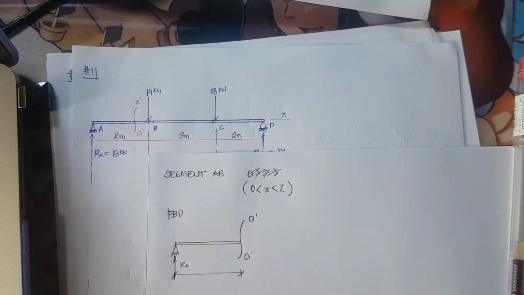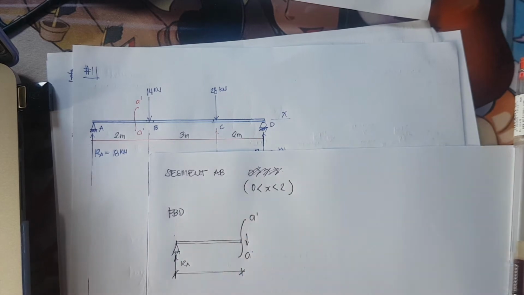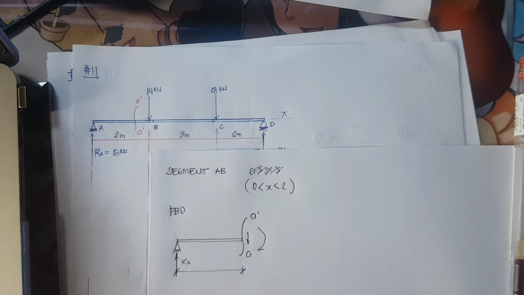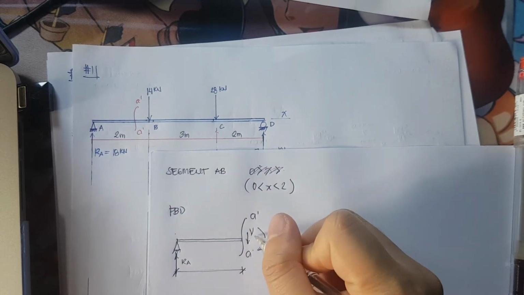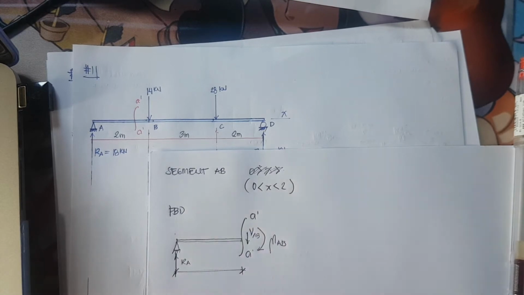If I use the equilibrium, summation of forces vertical, I can observe by observation that the shear force will be downwards. And I will assume that the moment is clockwise. So this is the shear force AB, and this is moment AB.